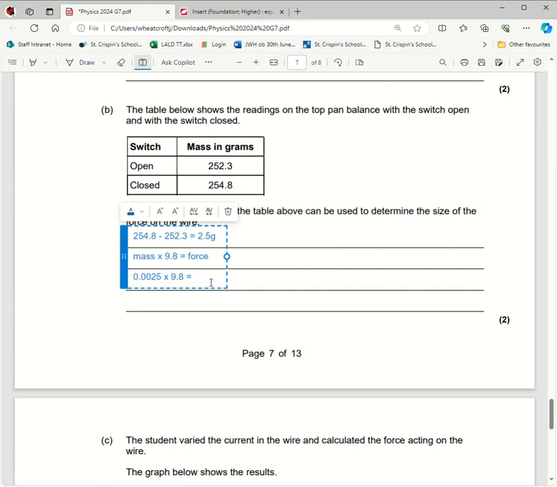Again, I can't do that in my head, so let me do that quickly. So I've got an answer now of 0.0245. Okay, so that is how we'd calculate that one.